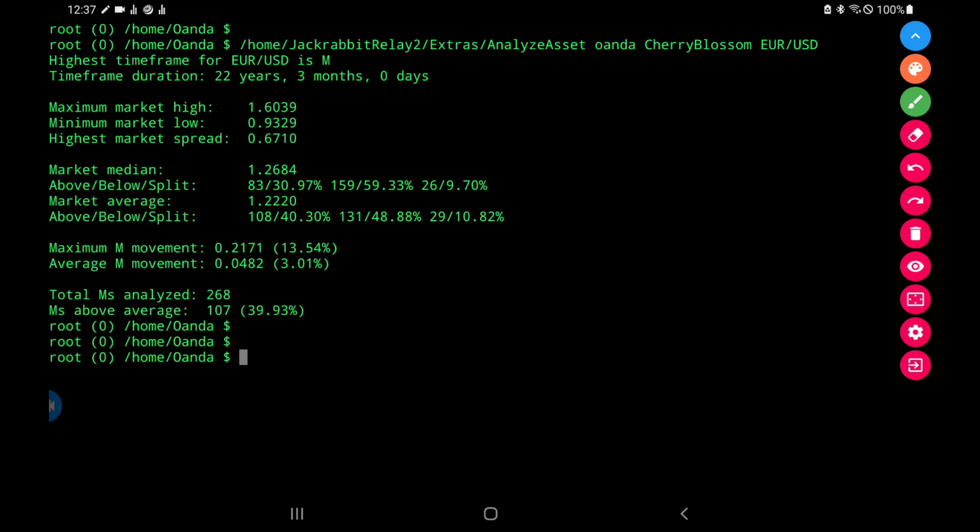Because now that we know that we have a 60% chance of profitability, no matter what strategy we use, we can then begin to look at the strategy itself and determine how can we make those chances even more likely to go in our favor.